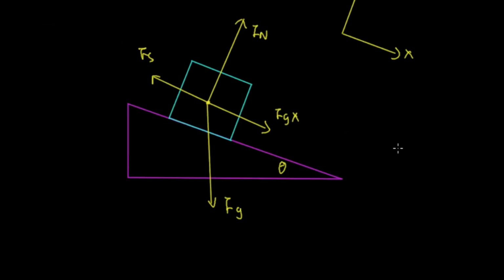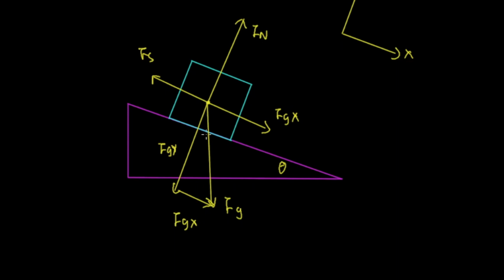Okay. Now, same thing, we have to break down the gravity force into the x and y component. So it's like this. This is F sub gy. This is F sub gx.